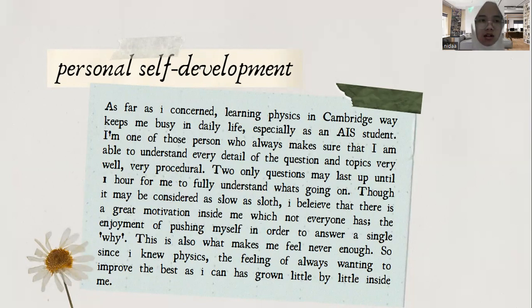If I had to do only two questions, it can take me an hour to fully understand what's going on. Though it may be considered slow, I believe there's great motivation inside me, which not everyone has, which is the enjoyment of pushing myself in order to answer a single why.